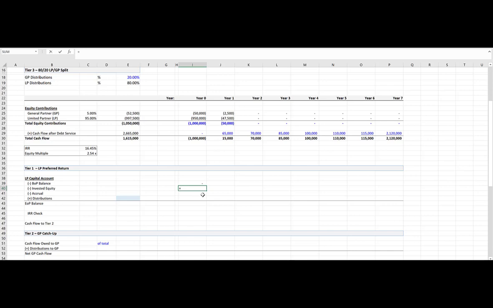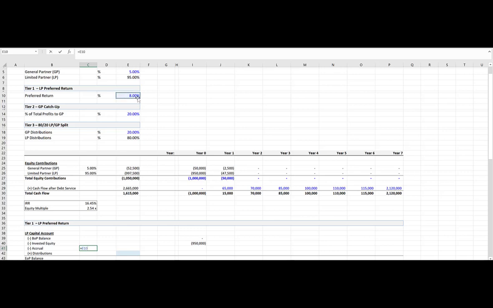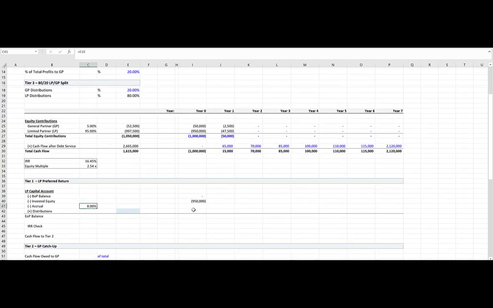So our invested equity is just going to be the LP's invested equity for each period. And then the accrual is going to be the preferred return. So why don't we link that over here, which is 8%. And so we're going to take 8%, lock in the column, and multiply it times the beginning of period balance from this period. Okay, so I'll explain what's going on after we go through all this.